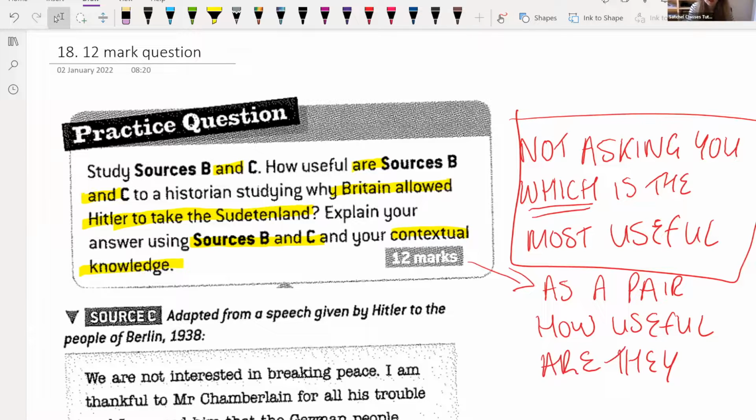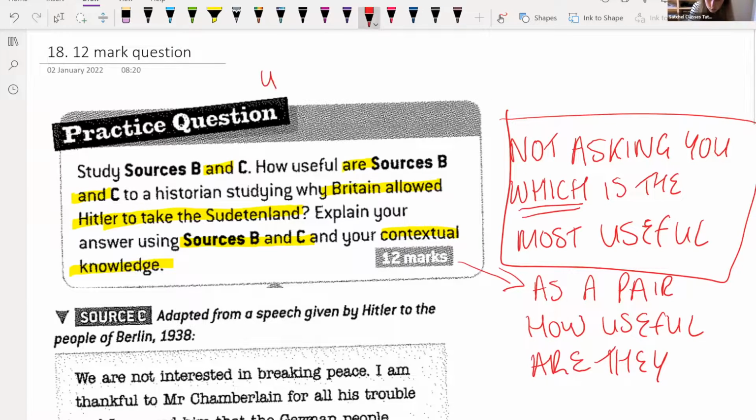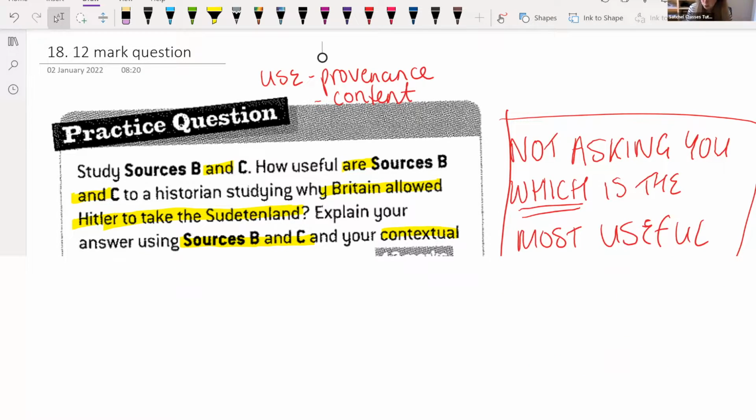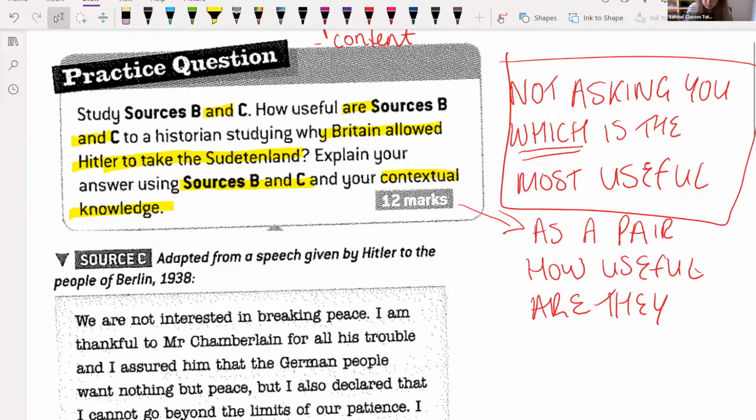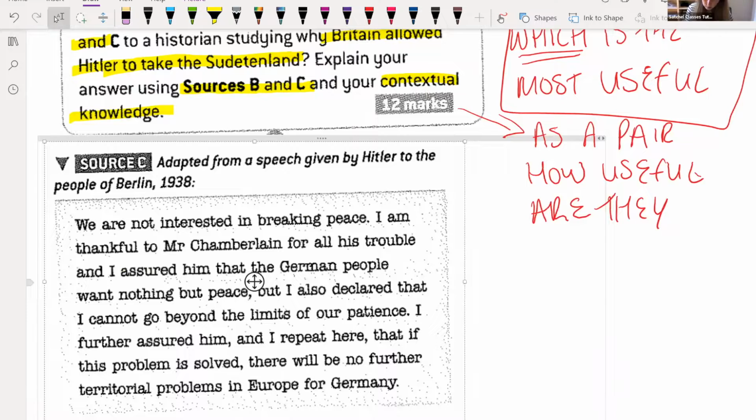In a useful question, we do use provenance. The provenance of a source is where it's come from: when it was written, who it was written by, and why it was written. So we use provenance, and we also use the content of the source and compare it to our own knowledge. Now, I'm going to show you the examiner's tips for this before we tackle the sources.